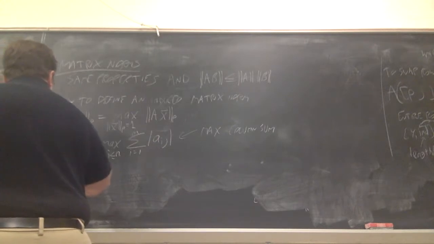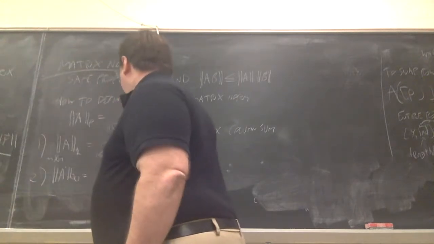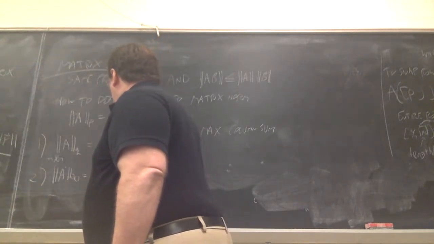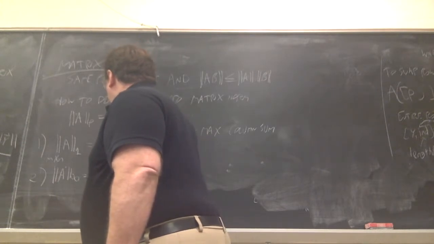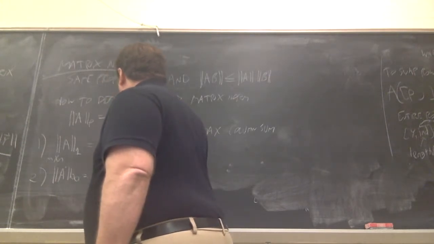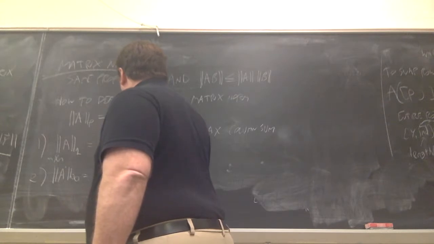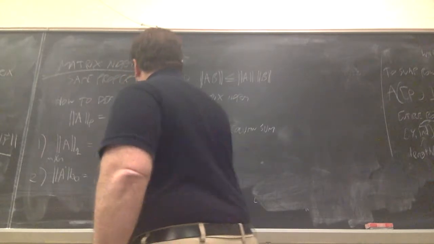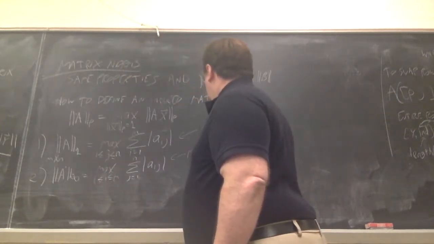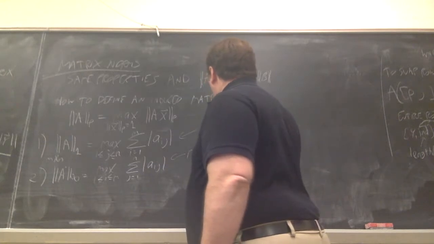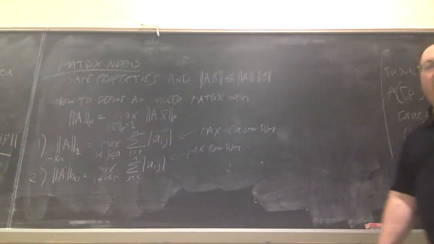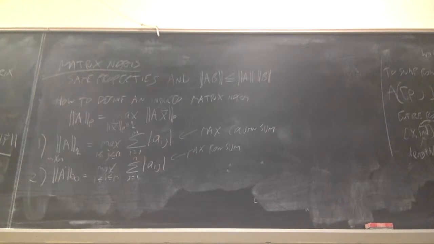The infinity norm is very similar. You take the largest row sum. So if I give you a matrix, it's actually quite easy to compute its one norm or infinity norm.